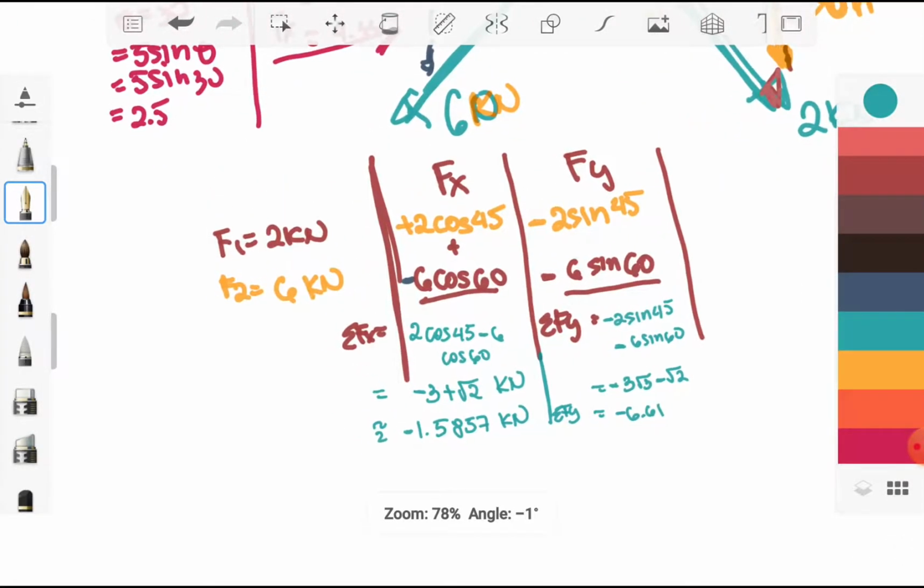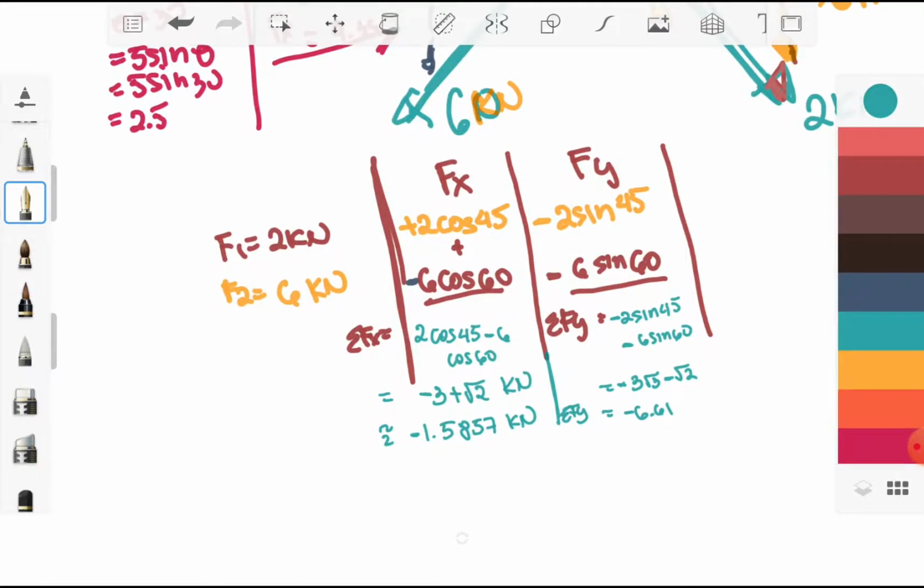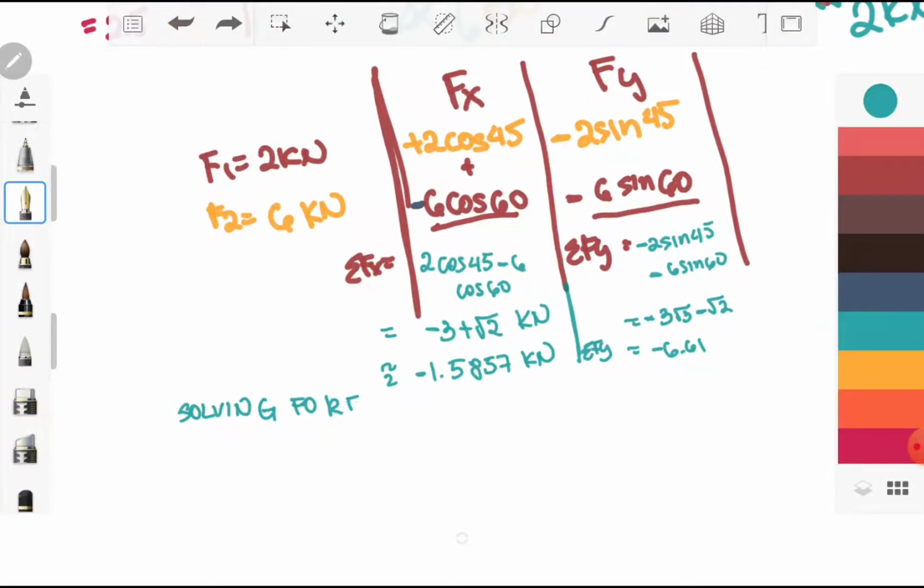Next, we will solve for your FR, our resultant force.